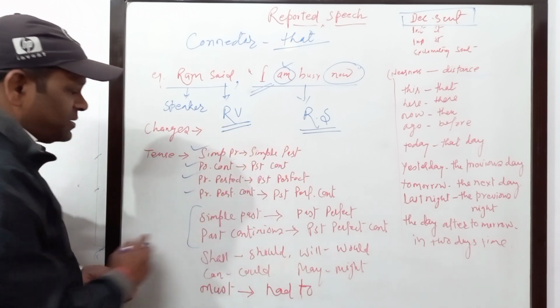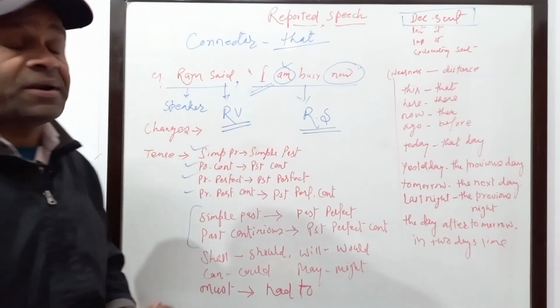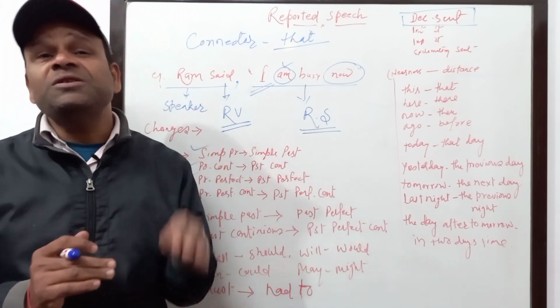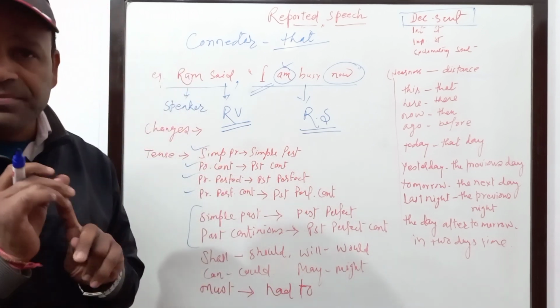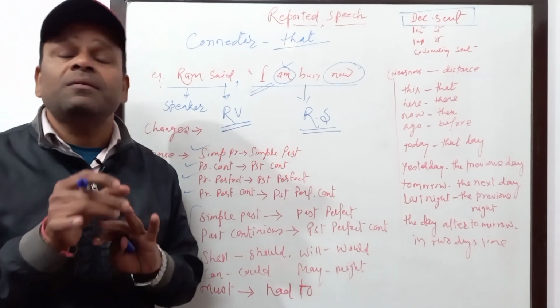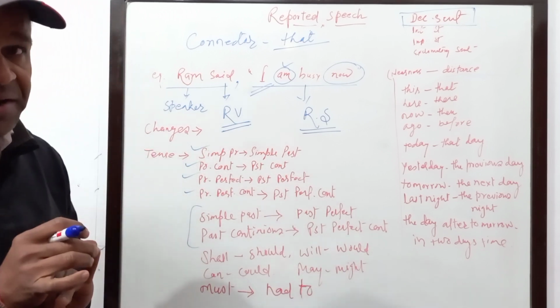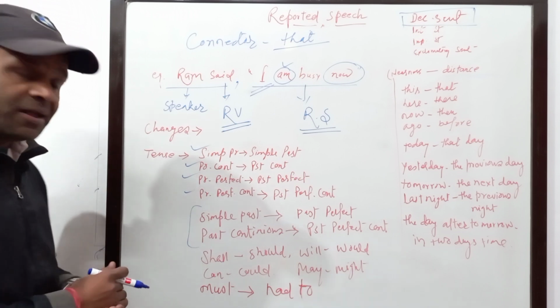Now come to the next part, that is past tenses. Again, there are four kinds: simple past, past continuous, past perfect, and past perfect continuous. Now take a simple trick for learning that.